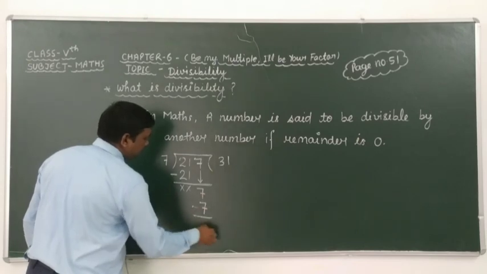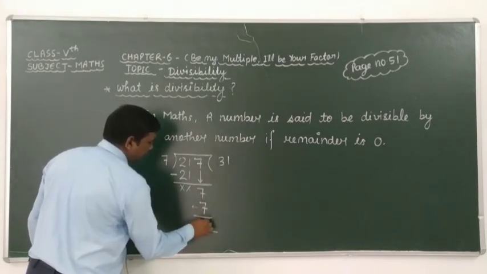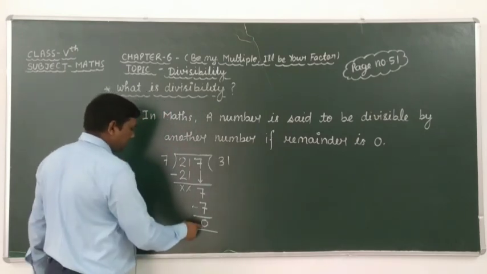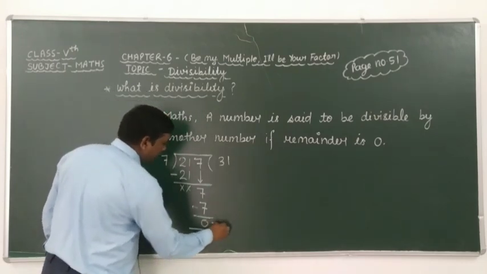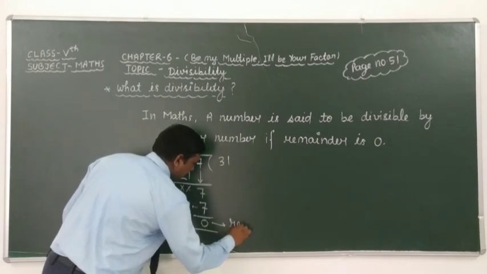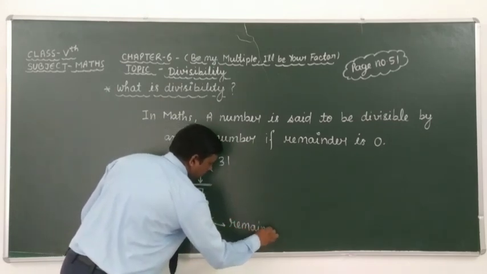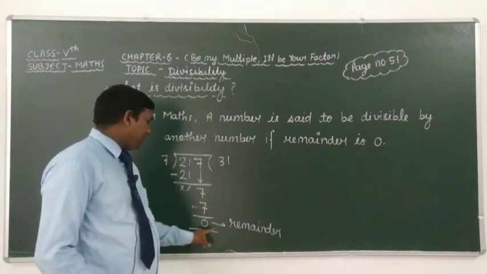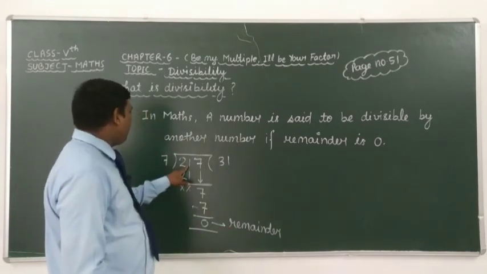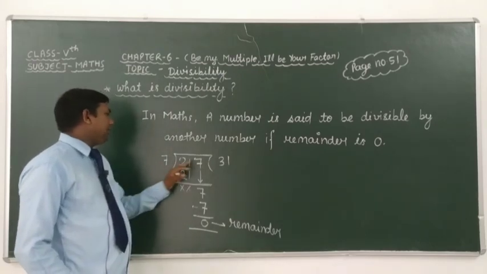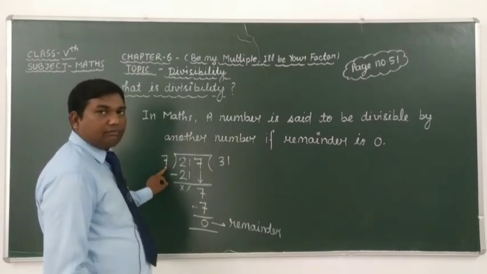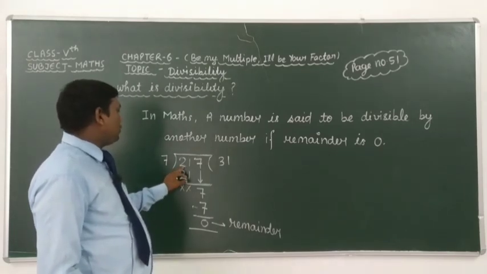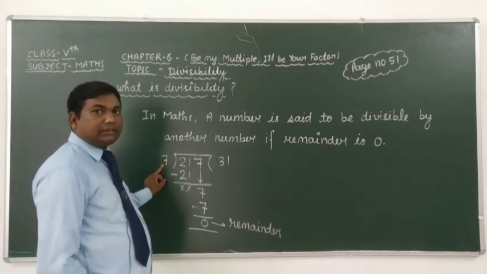After subtracting this, here we get 7 minus 7 is 0. It means that here we can write cancel marks, but here we can write 0. Look at here carefully, 0 as remainder. Okay, therefore here we get 0 as remainder. Therefore we can say that 217 is divisible by 7.